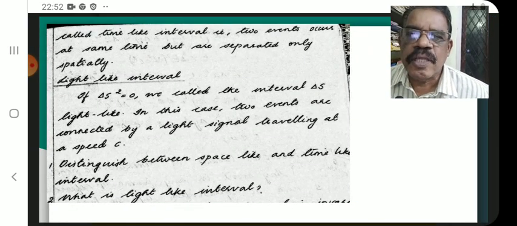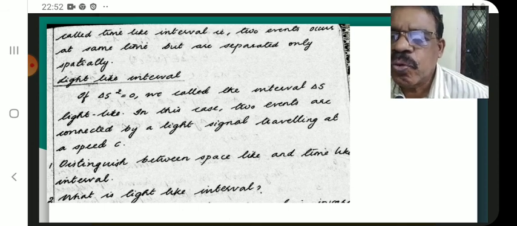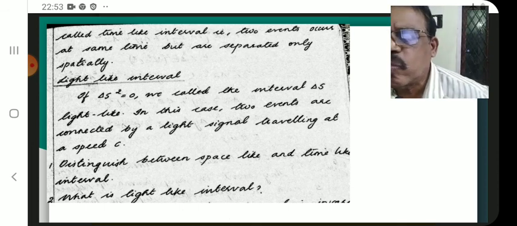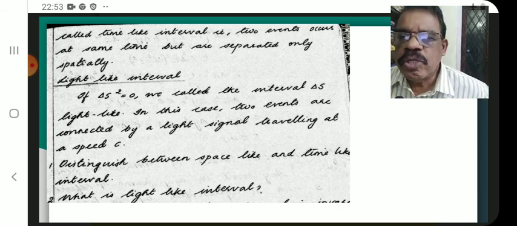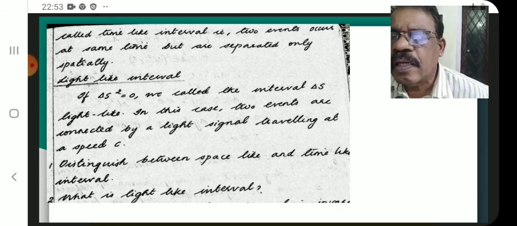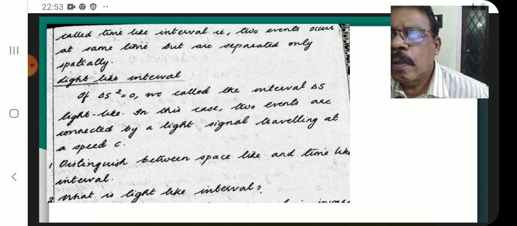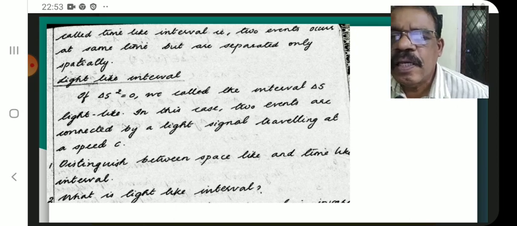So the three intervals are clear for you, and this is an important question. The question is: distinguish between space like and time like intervals. Next question, what is light like interval?